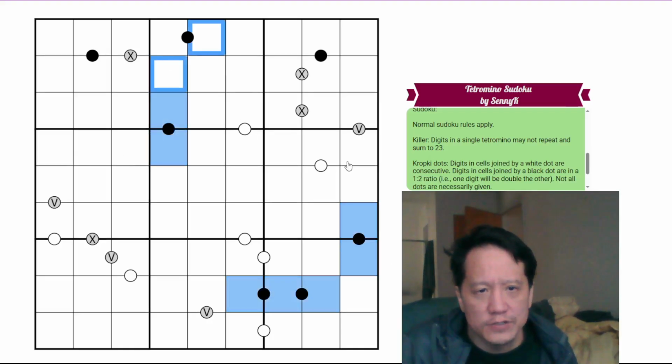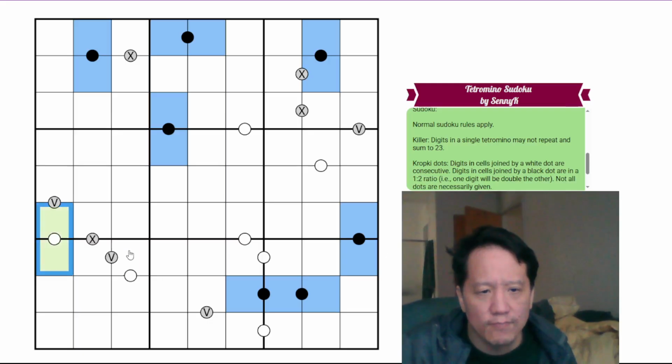So again, 1 and 2 cannot be the shaded cells next to a Kropke dot. This is shaded. This is not shaded.